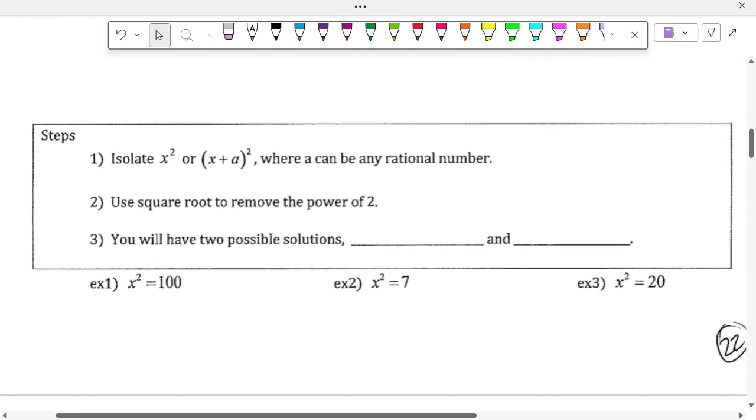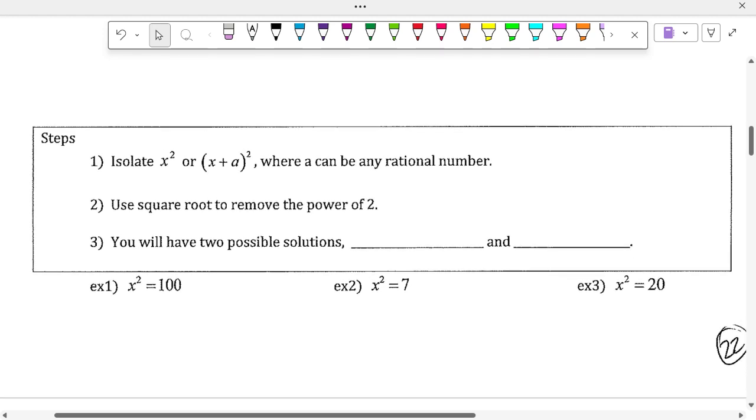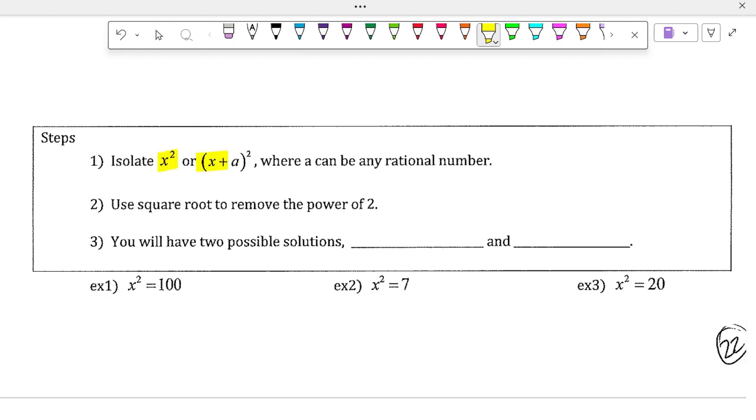So your steps for solving by taking a square root: you're going to isolate either the x squared or the parentheses that's squared, where it can be any rational number. And you'll do that just by inverse operations.